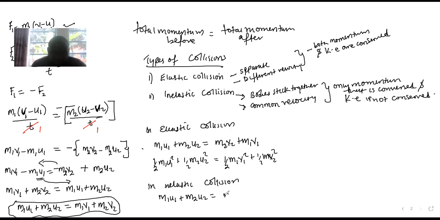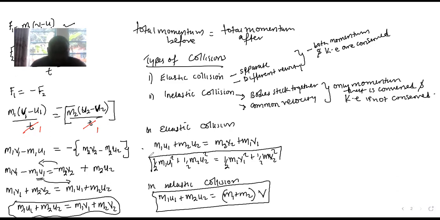When they get stuck together, you get M1 plus M2, and then they move with a common velocity V. So this is the momentum before and after for inelastic collision, whereas the other is for elastic collision, momentum and kinetic energy being conserved.